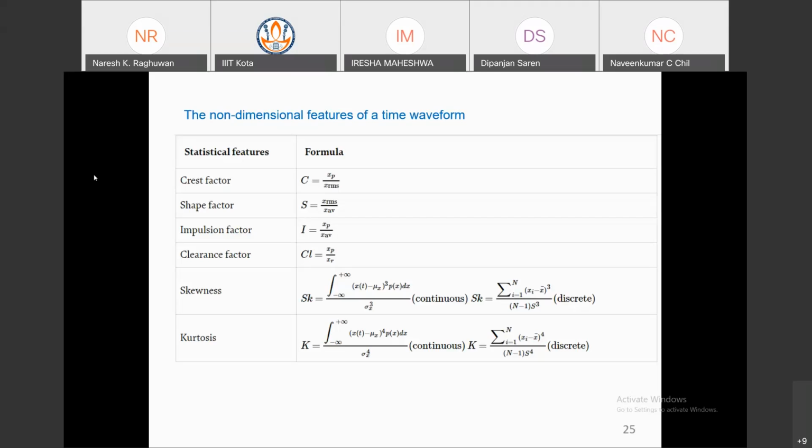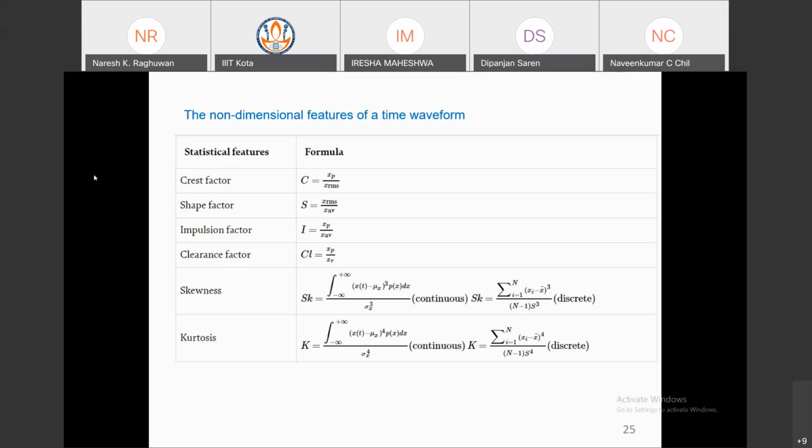Experimentally, you do this on the machine, or you can do this experiment in your laboratory. But suppose I am not going to industry or not going to perform any experiment, but I want to analyze these parameters for a specific fault by simulation.